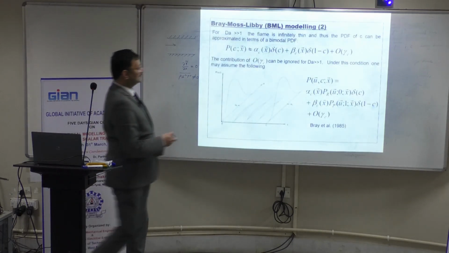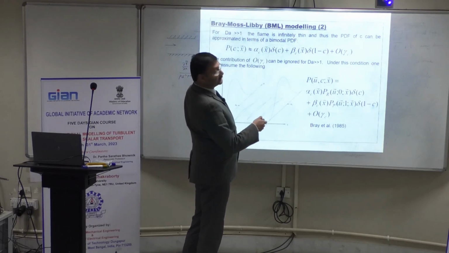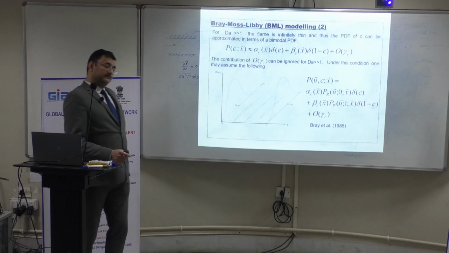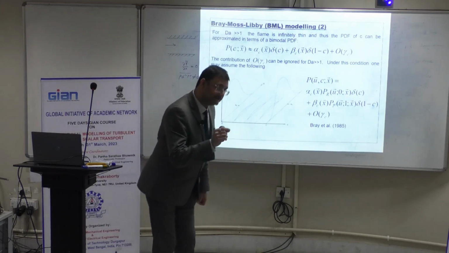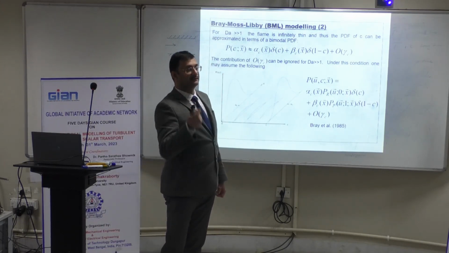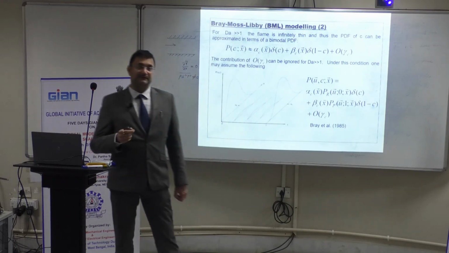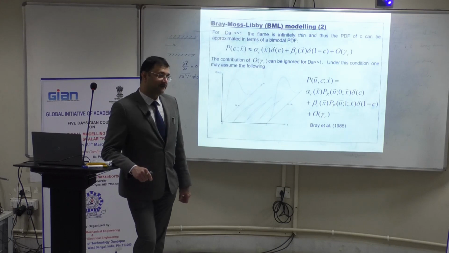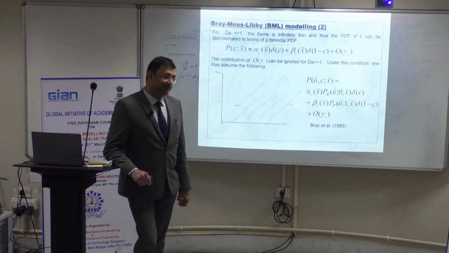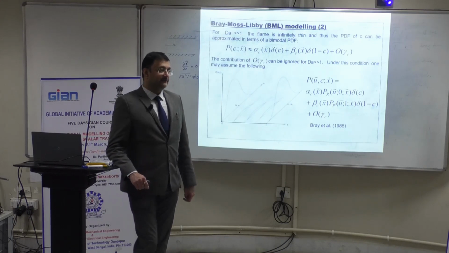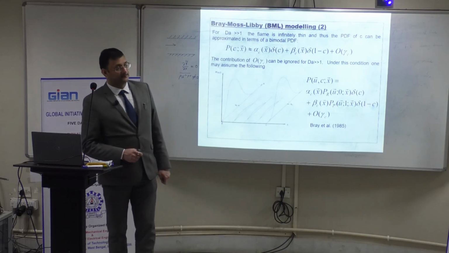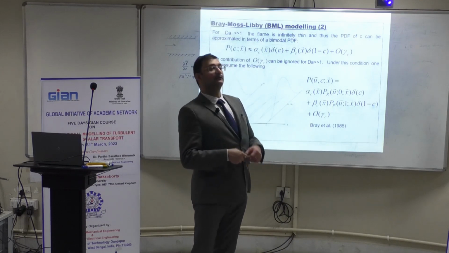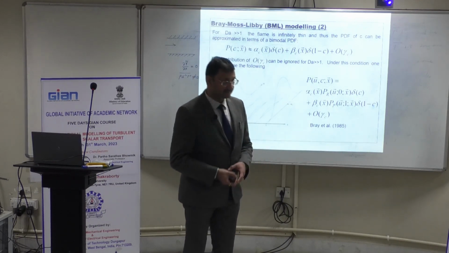As I mentioned yesterday, this contribution is going to be negligible if the flame is thin, and in other words, it boils down to the fact that the Damköhler number is very, very high. That means the chemical time scale is extremely small in comparison to the large eddy turnover time. That means the chemistry is extremely fast.